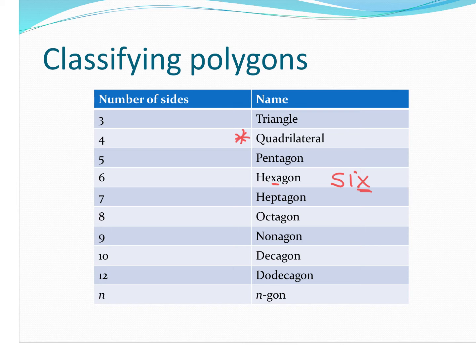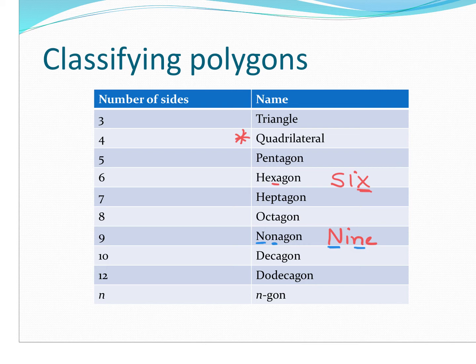The nonagon has 9 sides. This one's kind of challenging for some students. They may not have heard of this before. So if you think about spelling the word 9, notice nonagon has 2 N's here, and so does the word 9. They just switched up the vowel that's there. Nonagon has an O, 9 has an I. So a nonagon is the 9-sided figure.